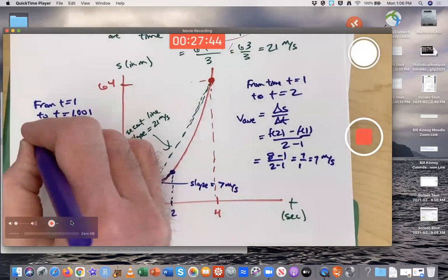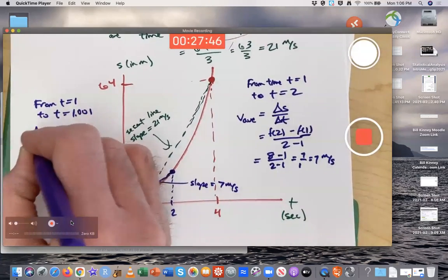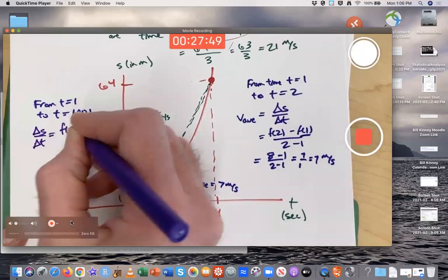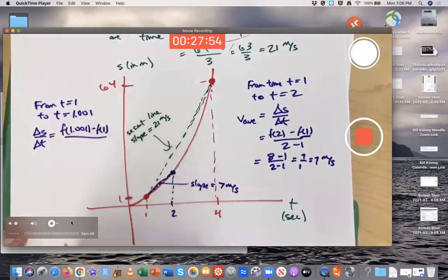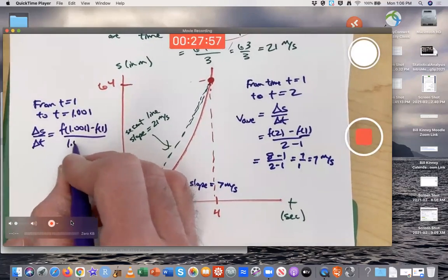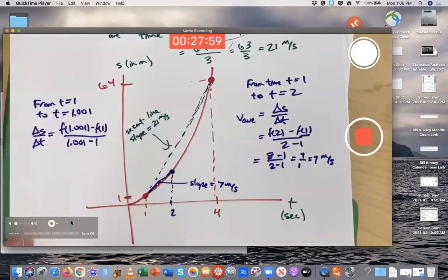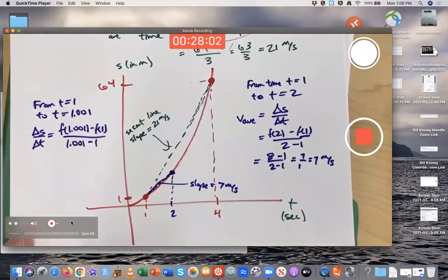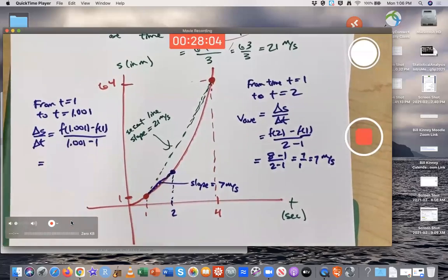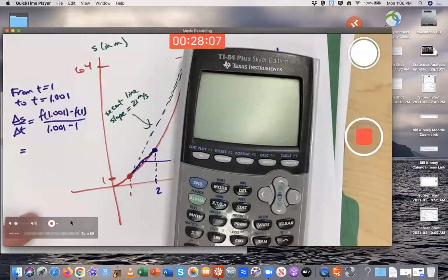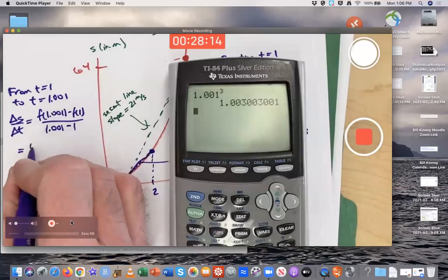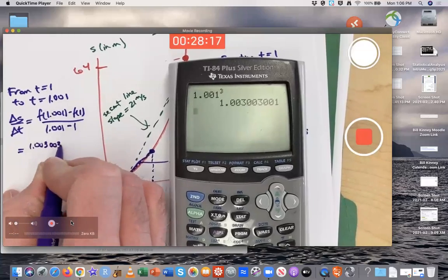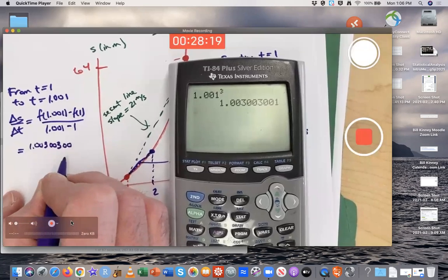But we can still figure out this average speed. Change in S over change in time, but now the change in S is f of 1.001 minus f of 1, that's the change in position, divided by the change in time, 1.001 minus 1. All right, I'm going to use my calculator. 1.001 cubed, the function is t cubed. 1.003003001.